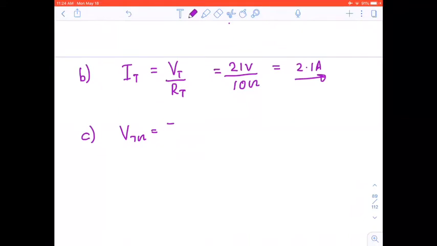So it would mean I in the 7 ohm resistor times the resistance of the 7 ohm resistor, right? The current in the 7 ohm resistor is the same current that's in the circuit, which is 2.1 amps, times the 7 ohm resistor.